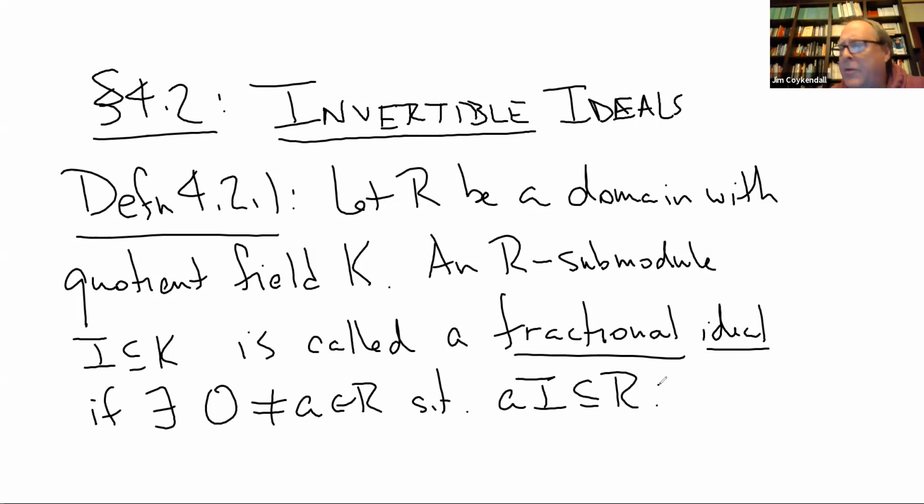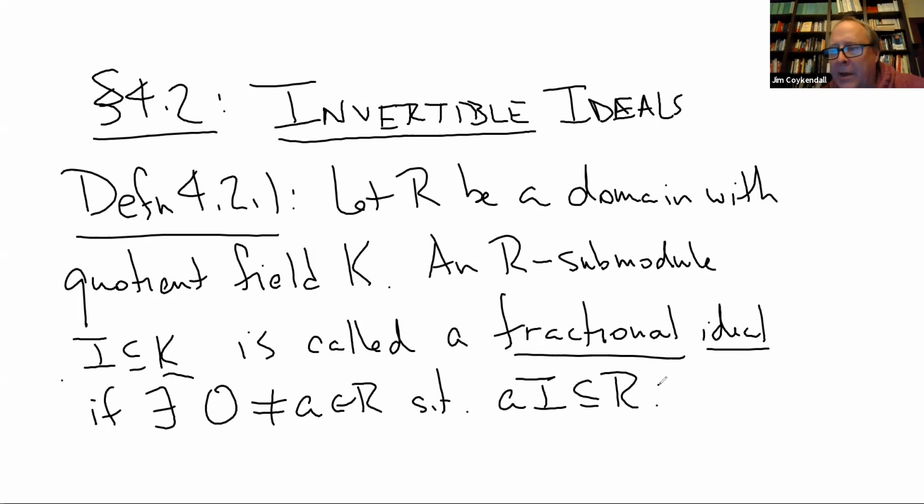Okay, so what's this all about? What does it mean to be a fractional ideal? A fractional ideal is just something like an ideal. It's an R submodule, so it's a subgroup of K. So that means that I consists of a bunch of fractions, doesn't it? Right? I mean, that are closed under addition.